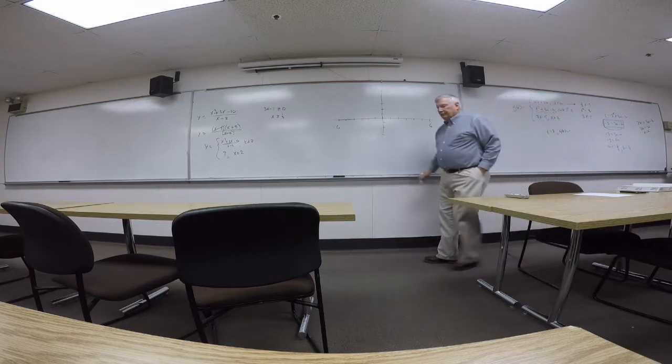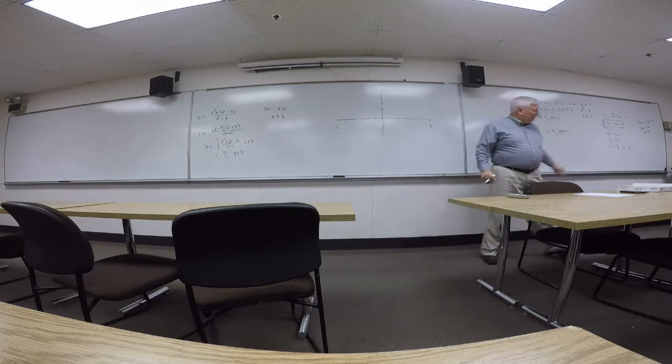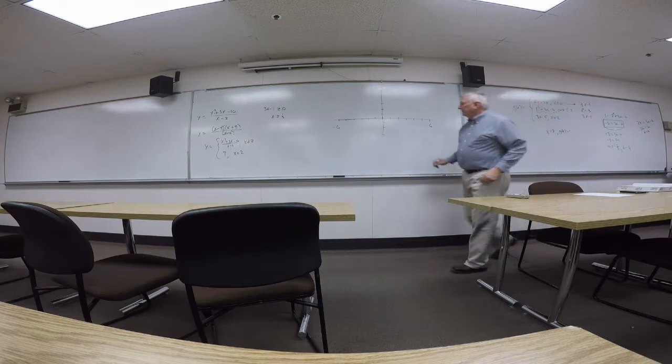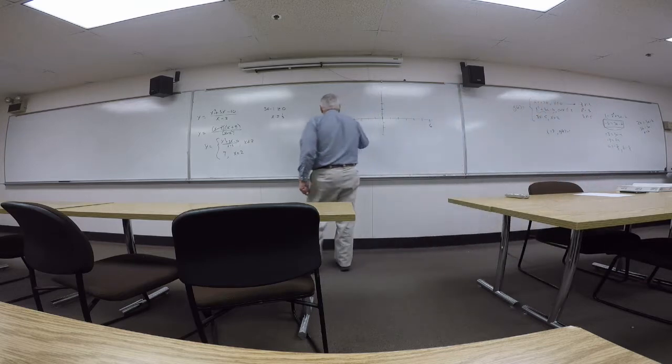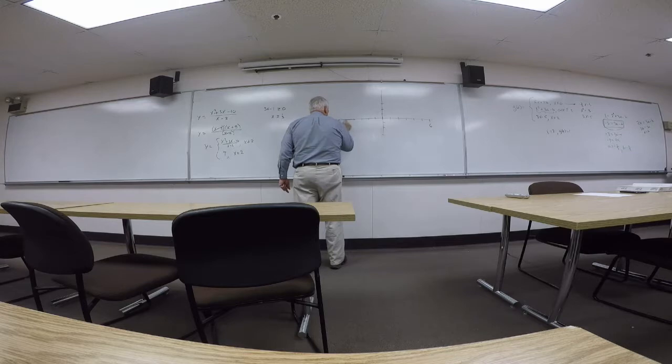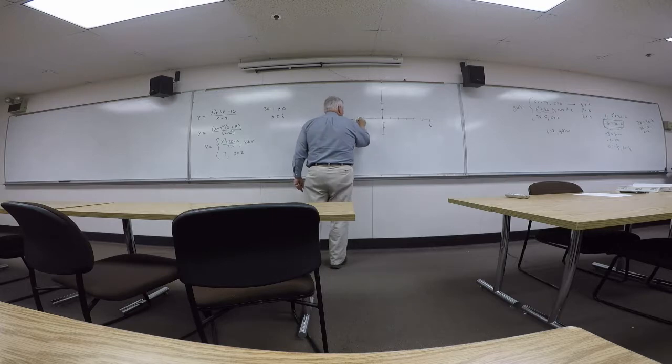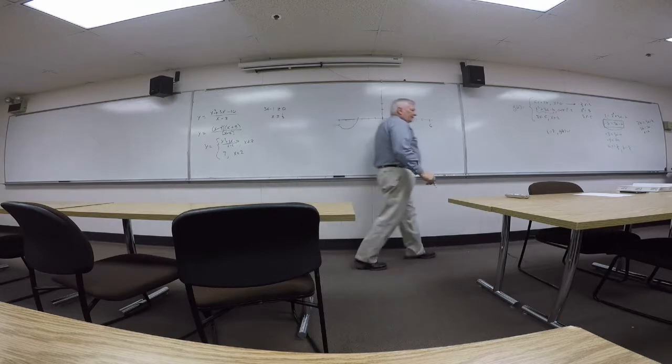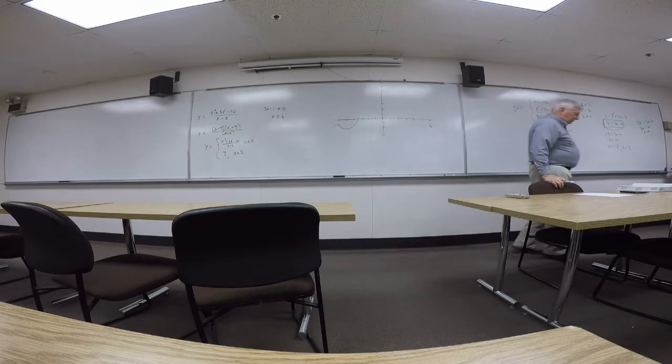So it starts somewhere down here, dips a little, comes up through about 3.5, negative 3.5, then heads up to 3.